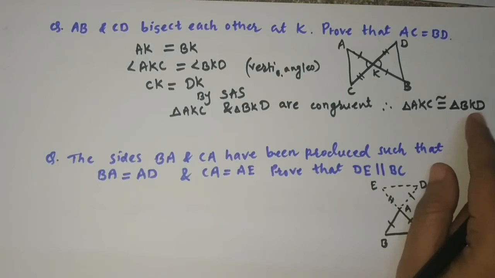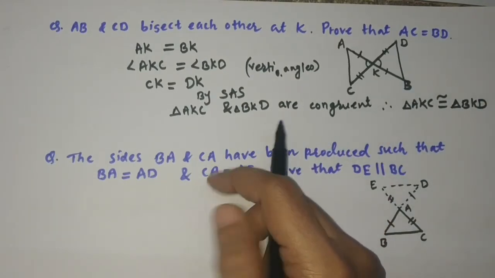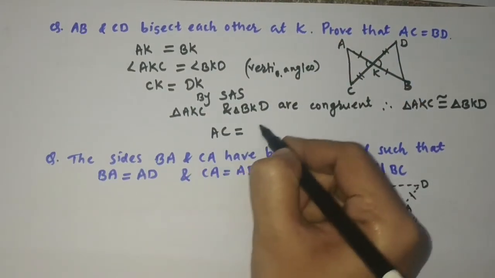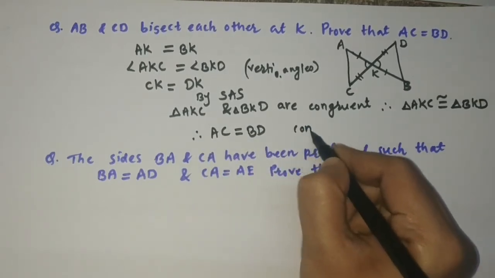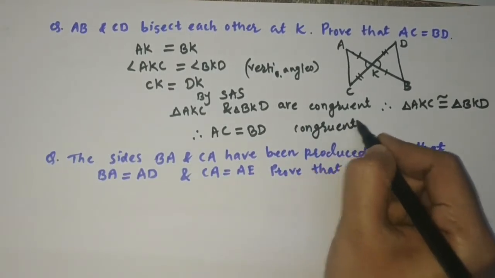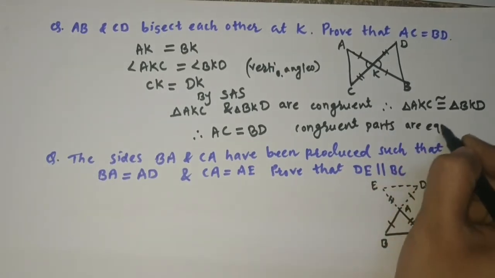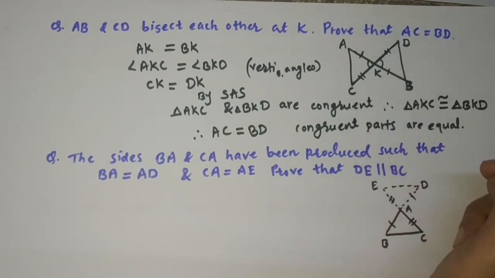And once we have the congruent triangles, their corresponding parts are also equal. That means AC and BD. Therefore you can write AC is equal to BD, and the reason is congruent parts are also equal. Once the triangles become congruent, the remaining sides and angles will also be equal corresponding parts.